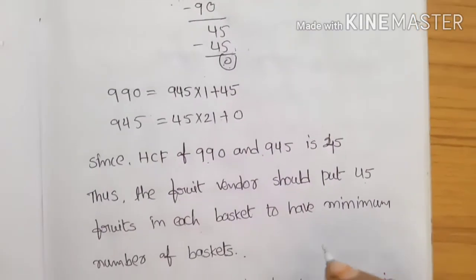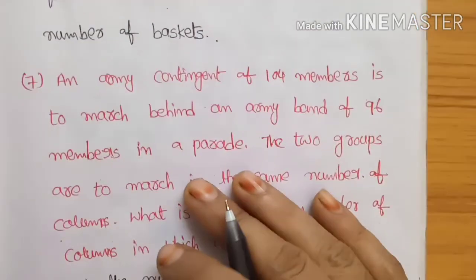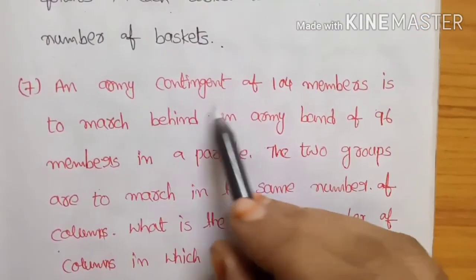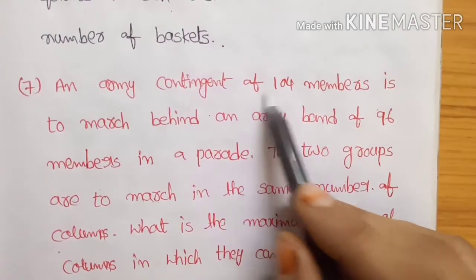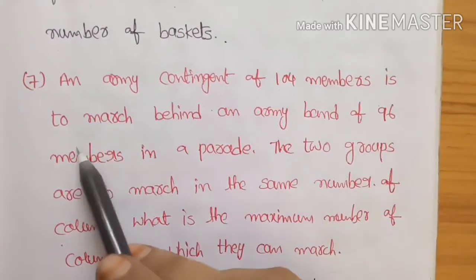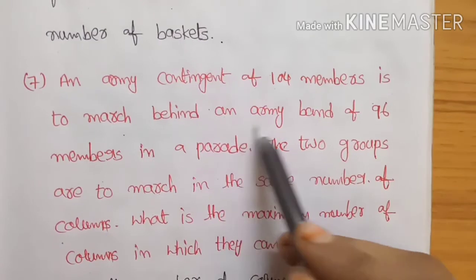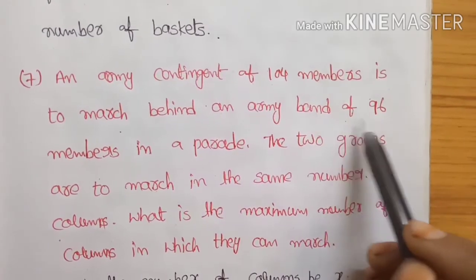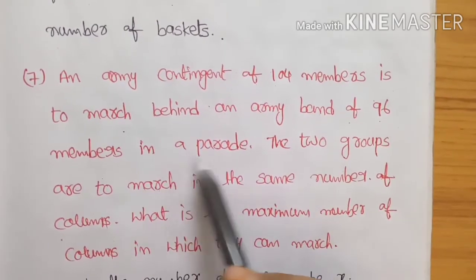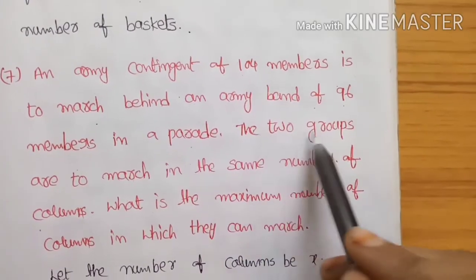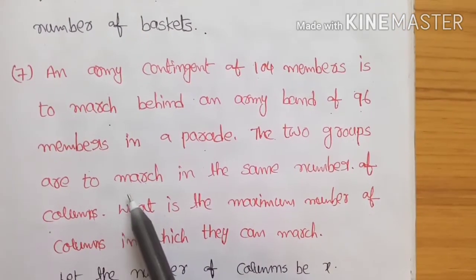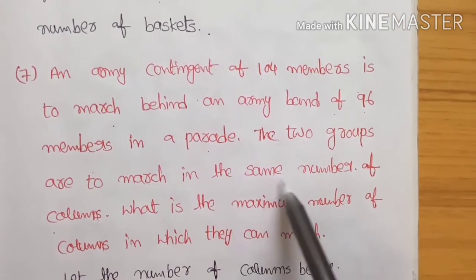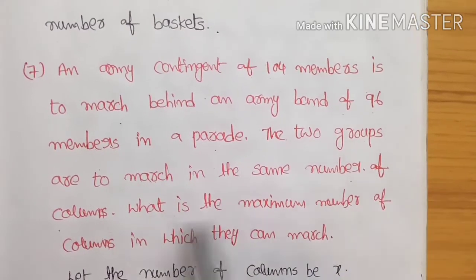Okay, next question. An army contingent of 104 members is to march behind an army band of 96 members in a parade. The two groups are to march in the same number of columns.